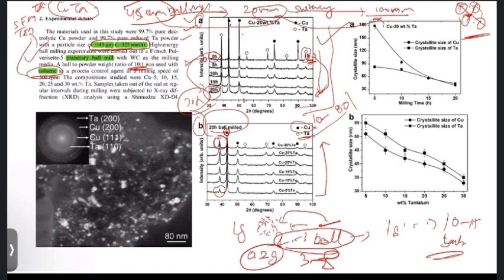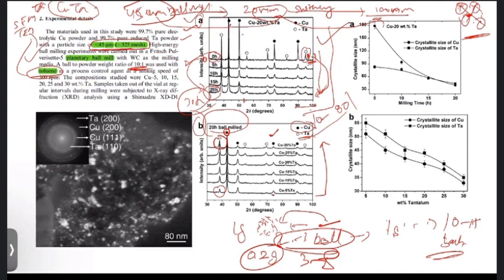But see the copper peaks. Our copper tantalum is a composite. So what is happening to the copper peaks? You will be able to see it much more clearly at this peak. Is it broadening or is it sharpening? Sharpening, ma'am. At 30% it was sharp. No, check properly the copper peak.